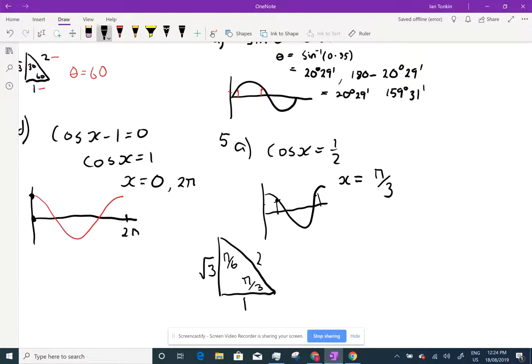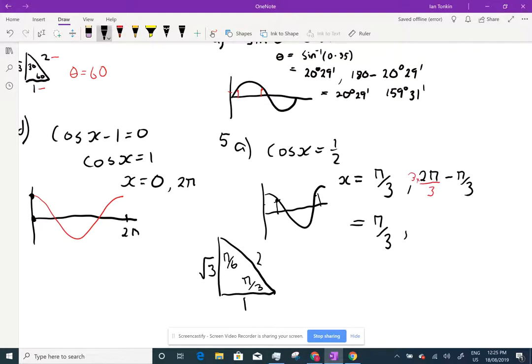And that's the first one. Where else is it positive? In the last quadrant, which is 2 pi minus pi on 3. Now, as you do more of these, you'll get better at that, but you've got to create a common denominator here. To create a common denominator, you need to multiply 2 pi by 3.